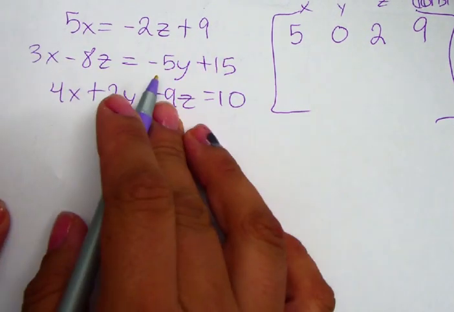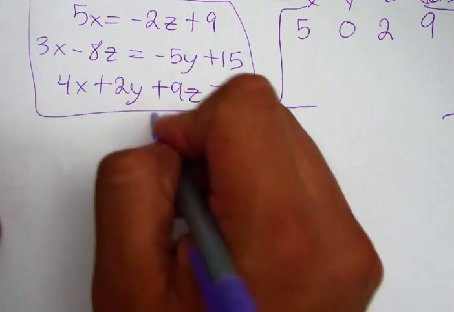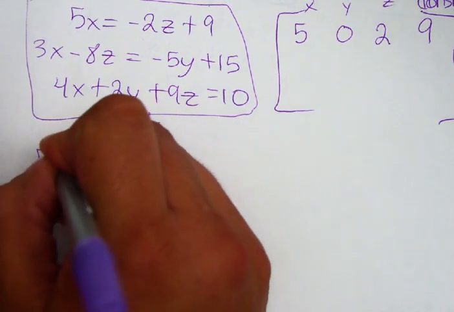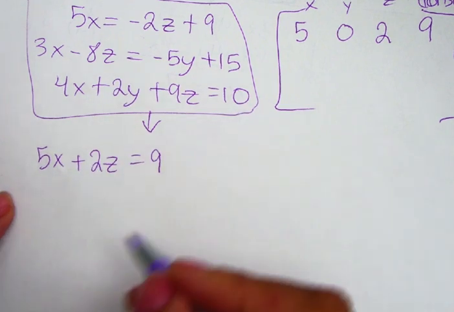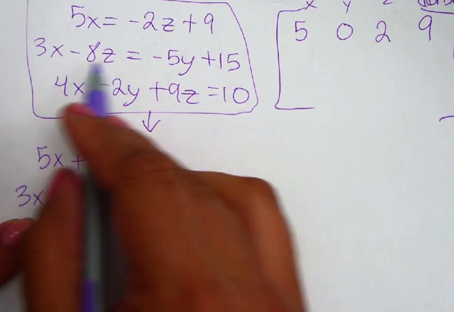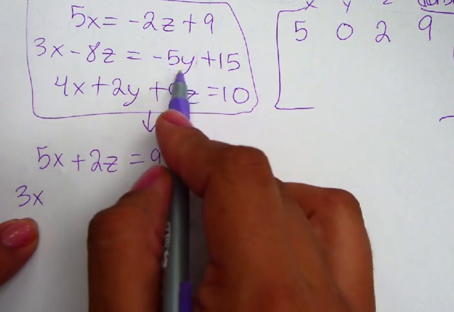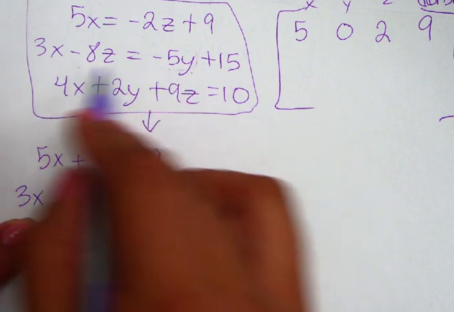If you are visual, just go ahead and rewrite this system first in the correct format. So I will write 5x plus 2z equals 9. And then the next one will be 3x followed by the y. The y is right here on the other side, where it shouldn't be. So we're going to eliminate that by adding 5y on both sides.